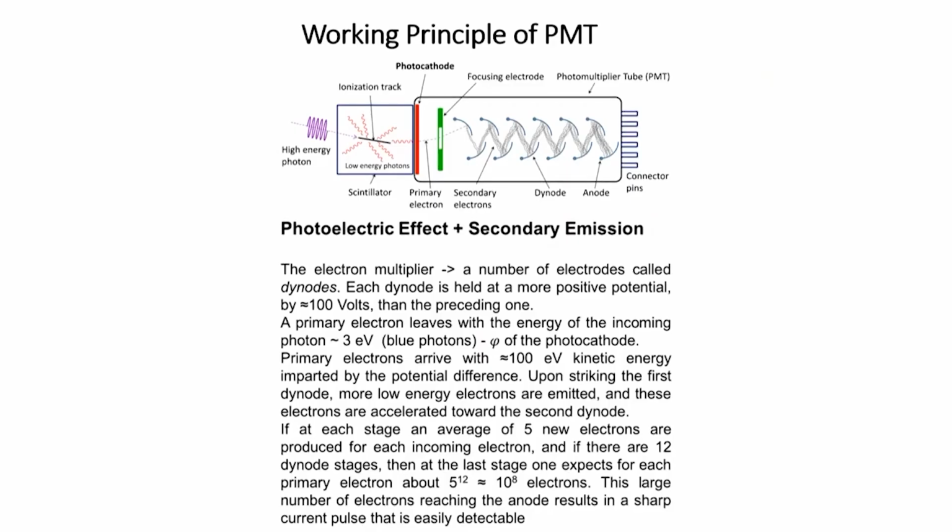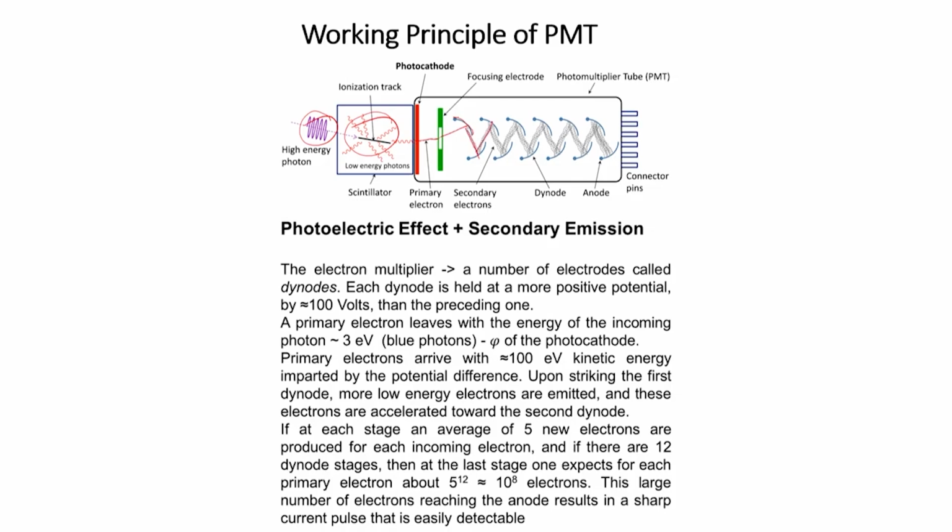Now, how does a PMT photomultiplier work? Well, a high energy photon comes to the scintillator, which has an ionization track. From there a primary electron is emitted, and there is a focusing electrode that focuses it to one part of the reflector only, and this generates secondary electrons, and you see there are two of them.